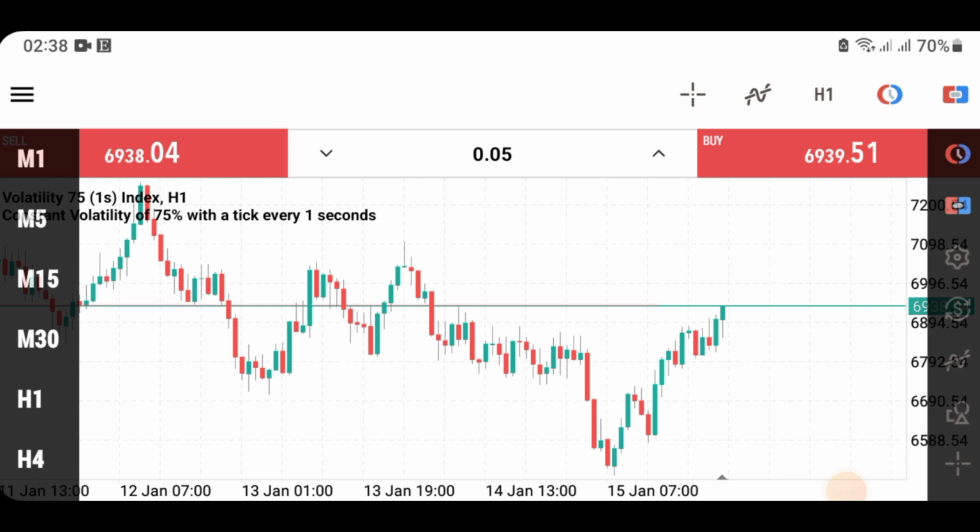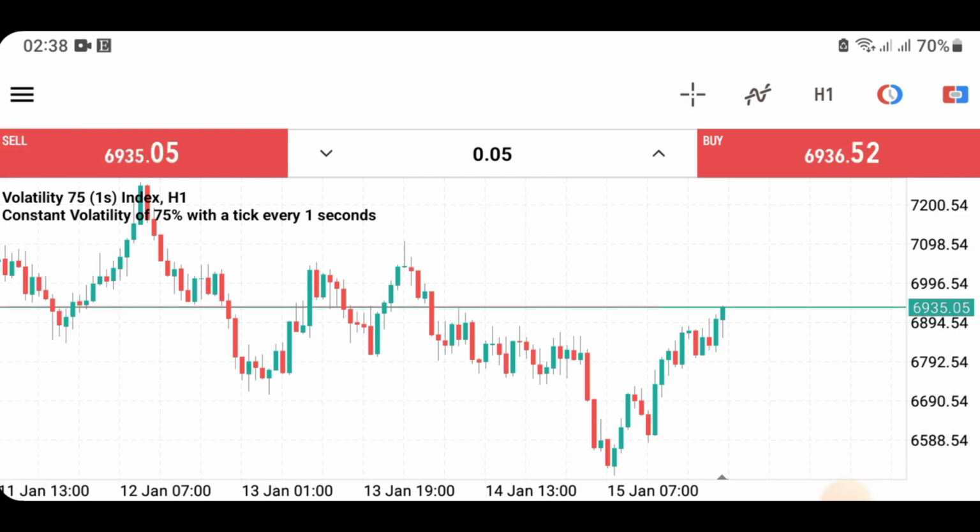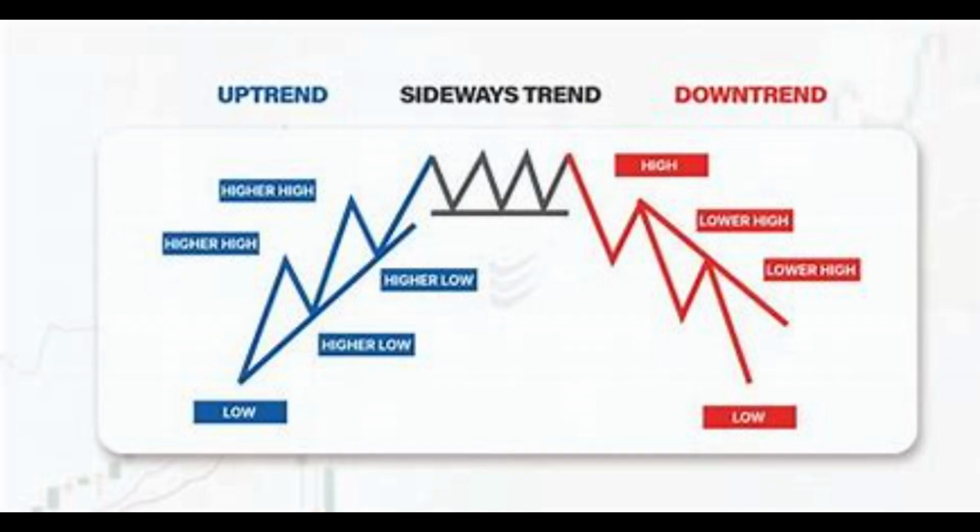Okay. First of all, you should know that the market goes three major ways. There is a time whereby the market will go up.